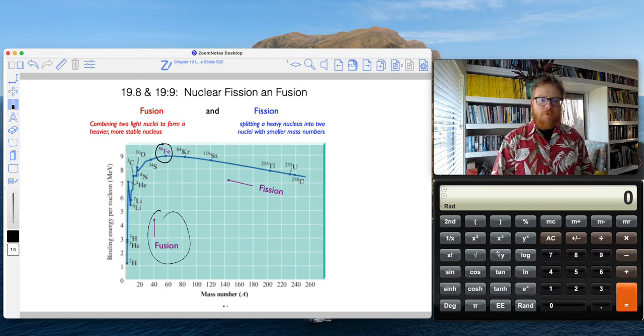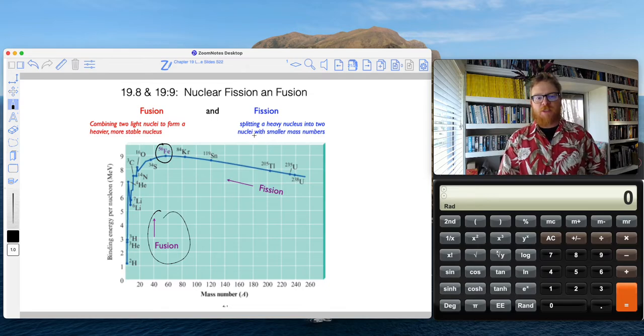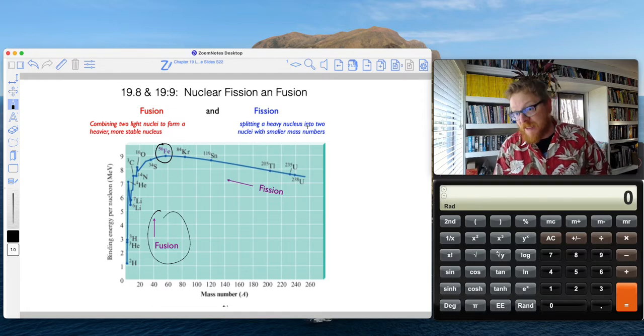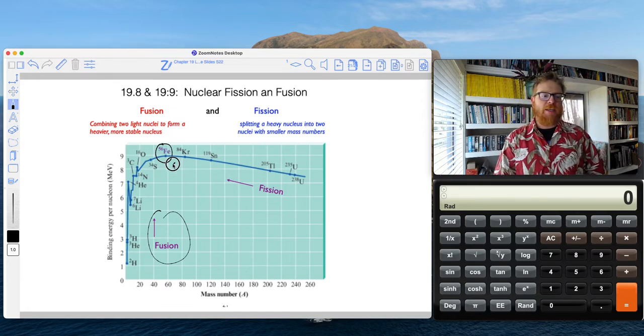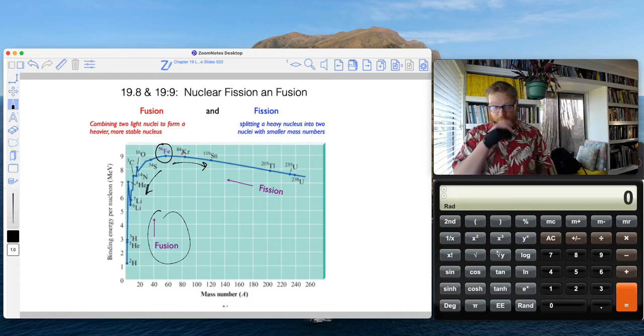Fission, on the other hand, applies to everything heavier than iron-56. Those things will want to split, so splitting a heavy nucleus into two nuclei with smaller mass numbers, which of course will also release energy. So we get an energy release from the fission process above iron-56, and an energy release from the fusion process below iron-56.